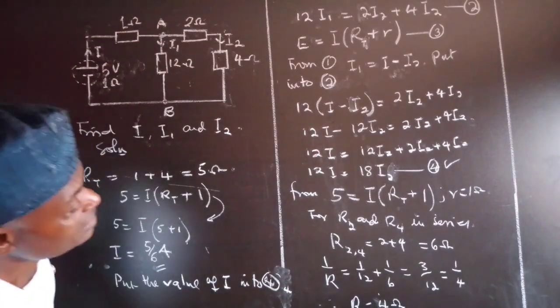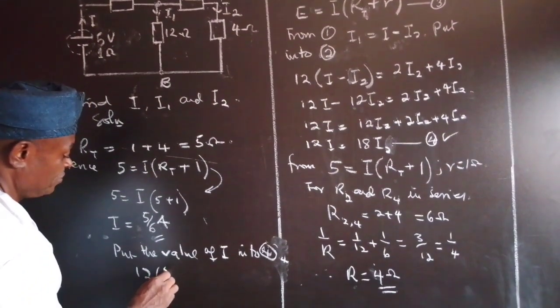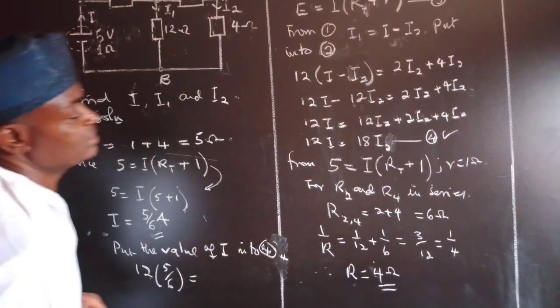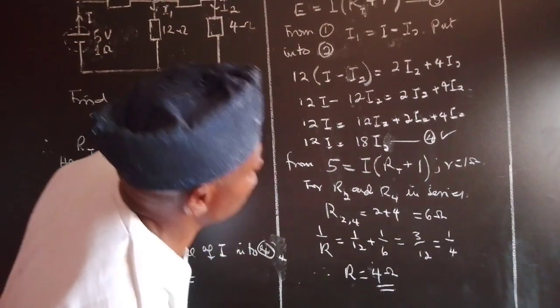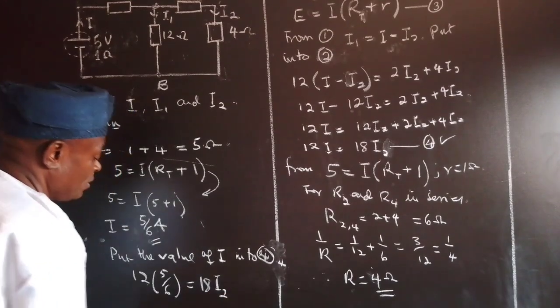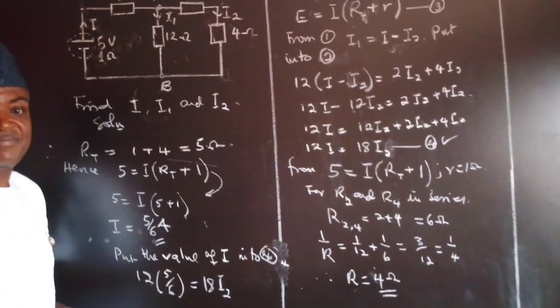So equation 4 says that we have 12, then 5 over 6, is equal to 18I2. All right. So we can simplify this first.